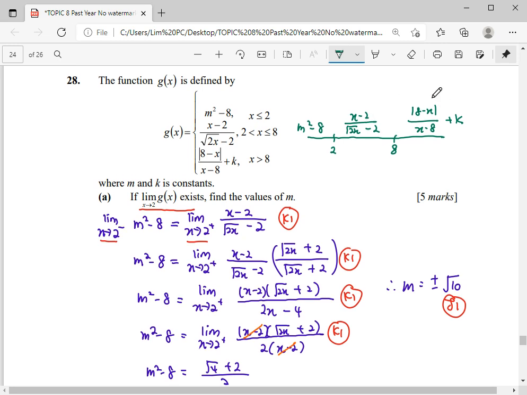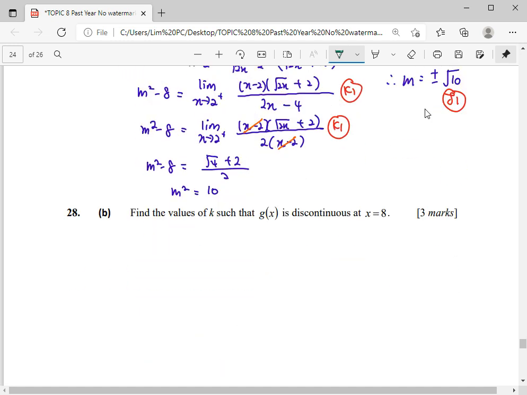For this part, when we see a modulus function, we simplify it by expressing our modulus function in piecewise. For the modulus of 8 minus x, it will be positive for this more than or equals 0, and negative for this less than 0.